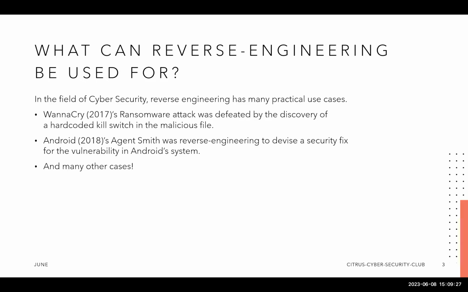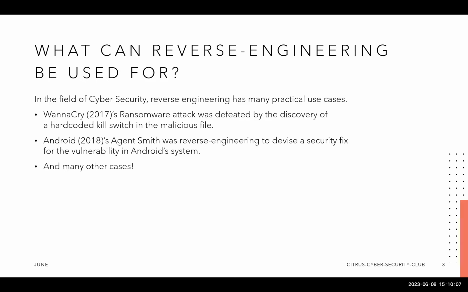And reverse engineering was actually used by a cybersecurity researcher, I don't remember his name, who figured out that there was a kill switch in the WannaCry system, which would basically completely get rid of the effects of WannaCry on a computer. That was done by reverse engineering the malware itself, to figure out that there's a network request every 10 seconds to this web page, which is called a kill switch. So they figured out that just by doing that, they could effectively kill the malware in its tracks.